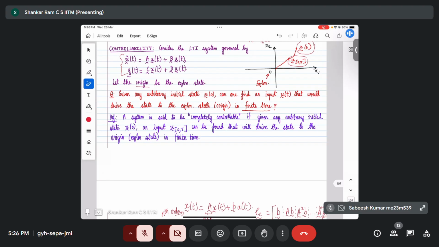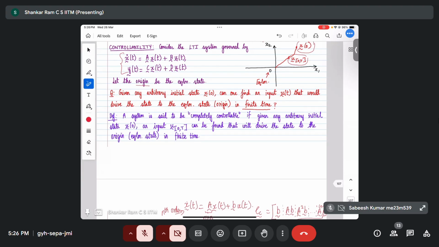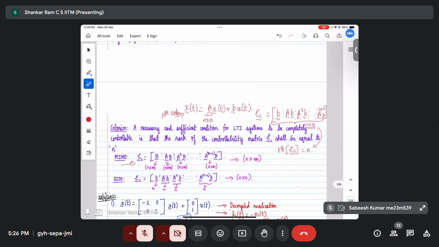We also looked at the criteria for controllability. This is where we stop today, and in the next class we look at corresponding examples.